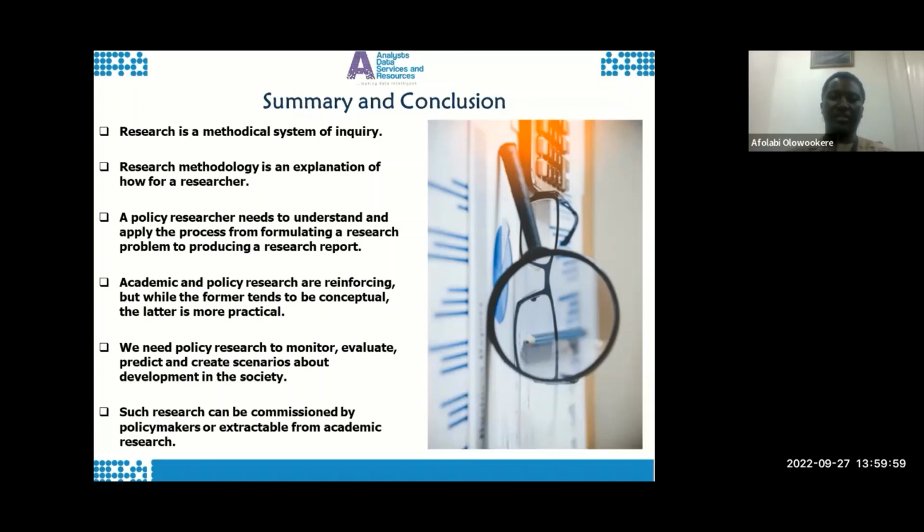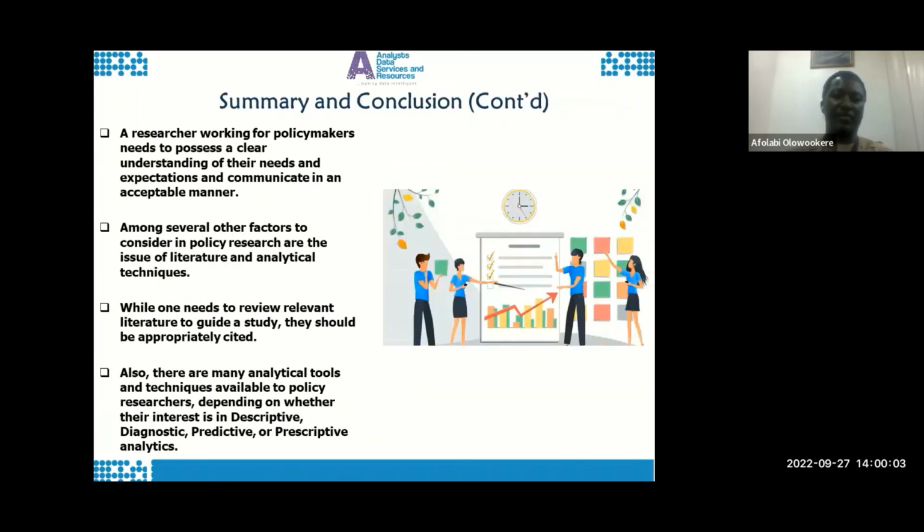Such research can be commissioned by policymakers or they can be extracted from academic research. A researcher working for policymakers needs to possess a clear understanding of the policymaker's need and expectation and communicate in an acceptable manner. Among several other factors to consider in policy research are the issue of analytical techniques.